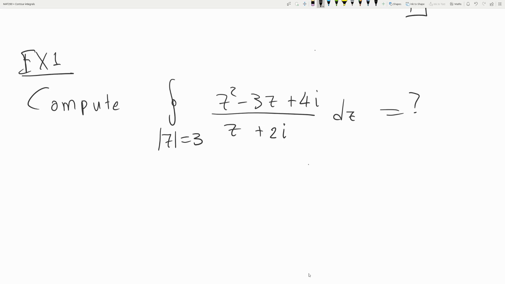Okay, so what is this? So yeah, we can use the Cauchy integral formula.